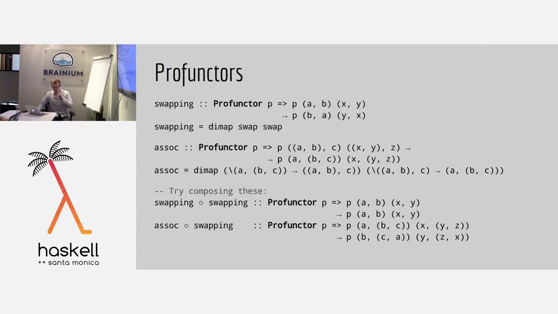And then you can write more interesting things, right? So you can write something that reassociates 3 things in a triple. Okay, so you can say if I have an A and a B tupled up, and I tuple that with a C, then I can turn that into an A tupled up with B and C tupled up. And I can do that just, so these things are isomorphic, right? That's the sort of observation, right?